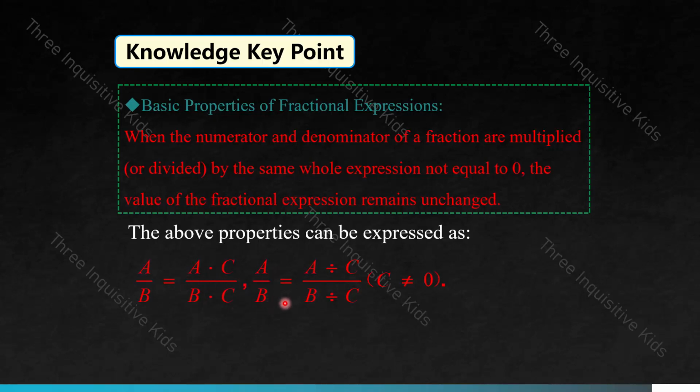A over b is also equal to a divided by c over b divided by c, when c is not equal to 0. Remember, this is very, very important. If c did equal 0, then this would not exist. So you must emphasize this point right here: c does not equal 0. And in this equation, a, b, and c are all whole expressions.